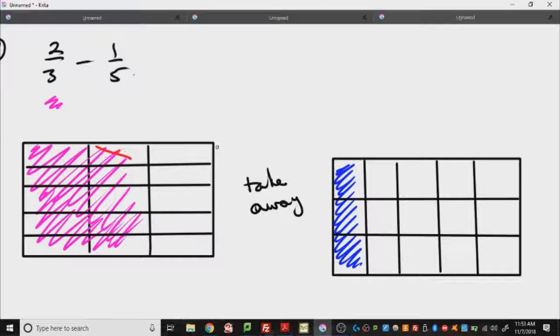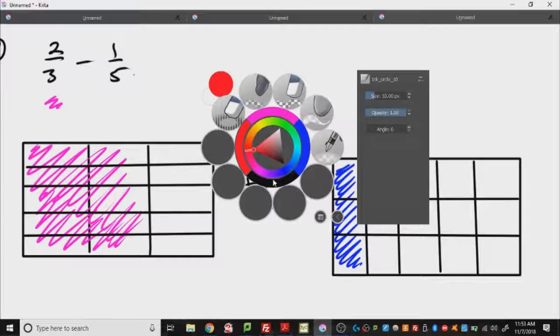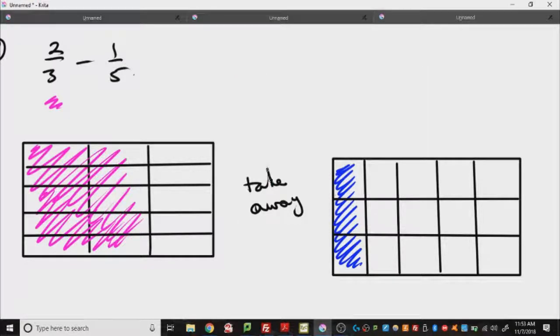Nope, that's not going to go. Black? Yeah, let's just go black. Taking that one away is that one. Taking another one away is the blue that I need to take away. Taking another one away, and all the 3 pieces I need to take away have been taken away.